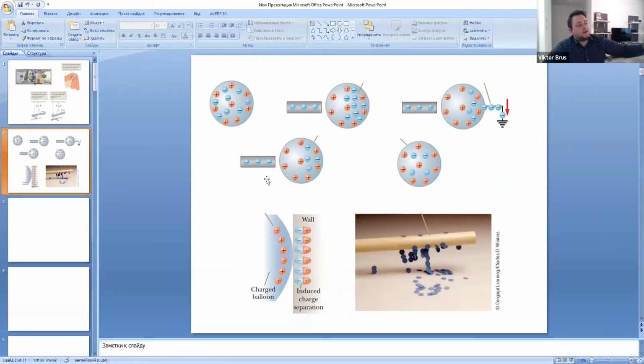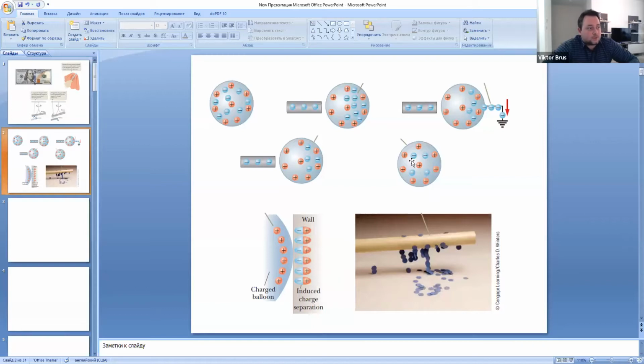They will still be accumulated on the right side because they are repelled from this negatively charged body. And if we take off this negatively charged body, the remaining electrons will be distributed uniformly all over the sphere, but the total net charge of this sphere will be positive because we have more positive charges than negative charges.